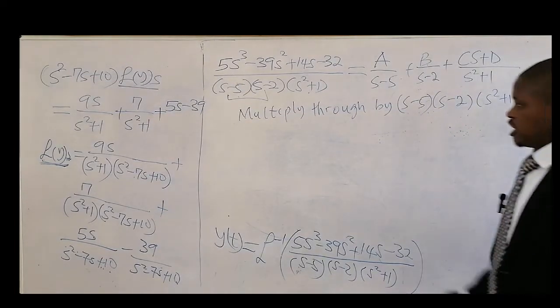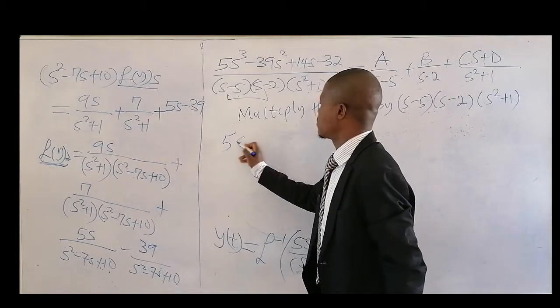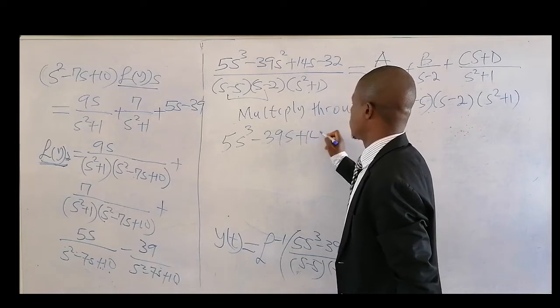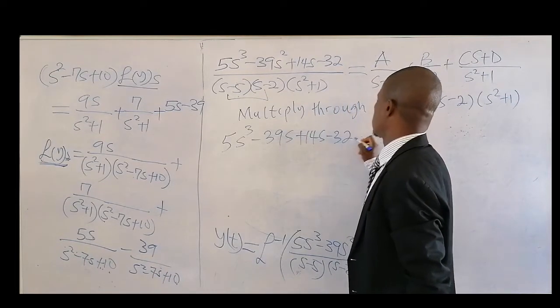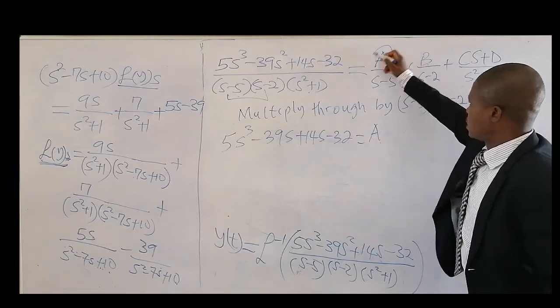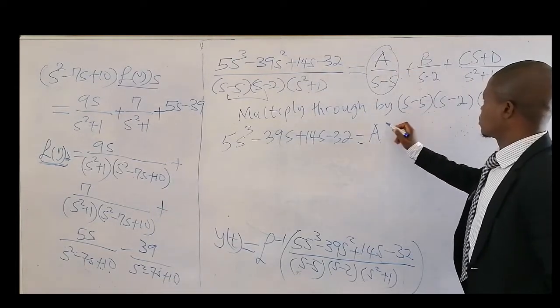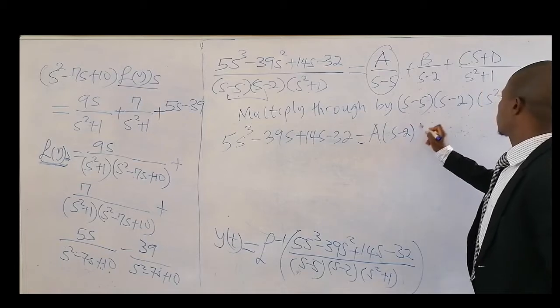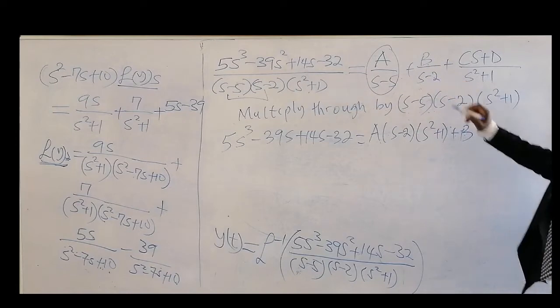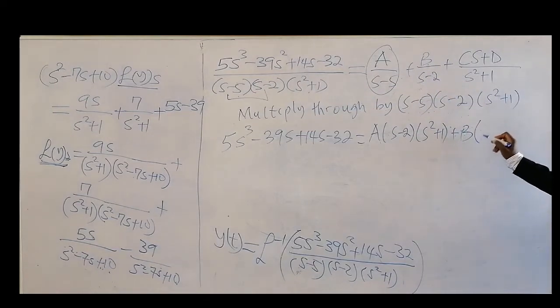If you do that, on the left side, you have this. On the right hand side, you're going to have A times the common factor, and that will be A times this, plus B times the common factor, and that will be what? s minus 5 times s squared plus 1.